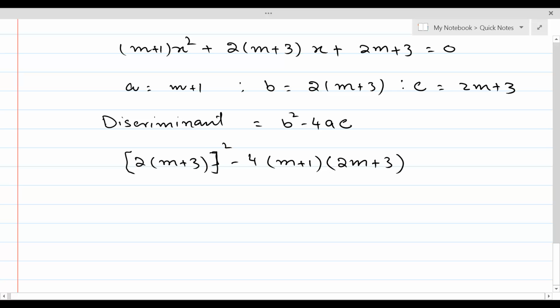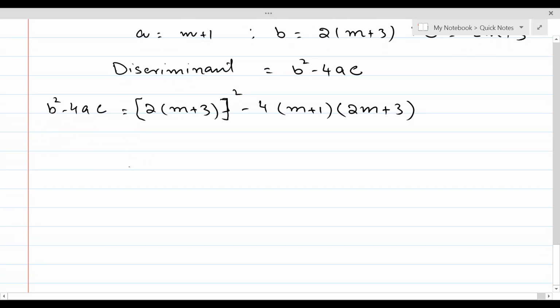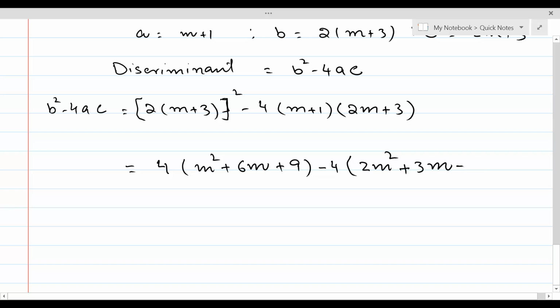We'll continue to expand, and this will give us 4 into m square plus 6m plus 9, minus 4, and inside if we multiply, this will give us 2m square plus 3m plus 2m plus 3.